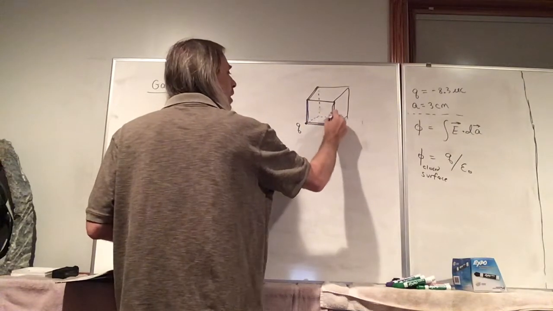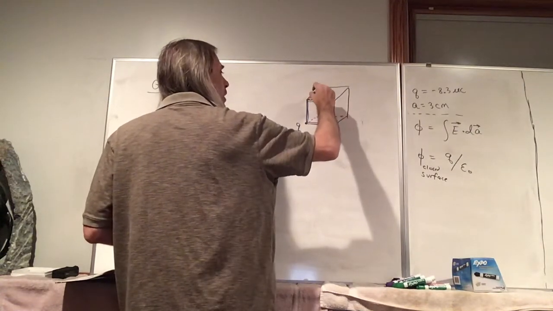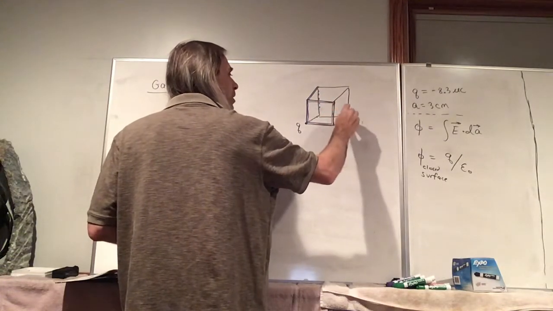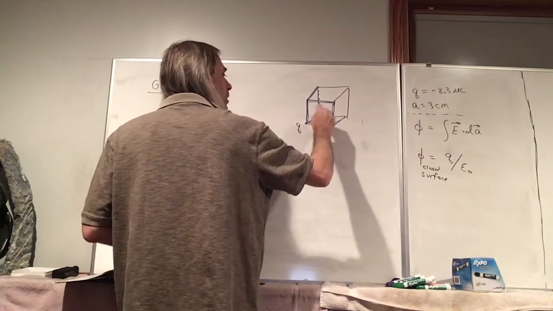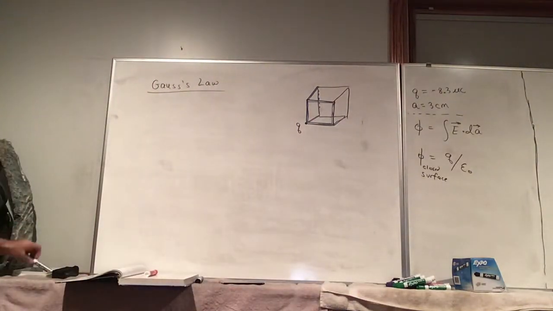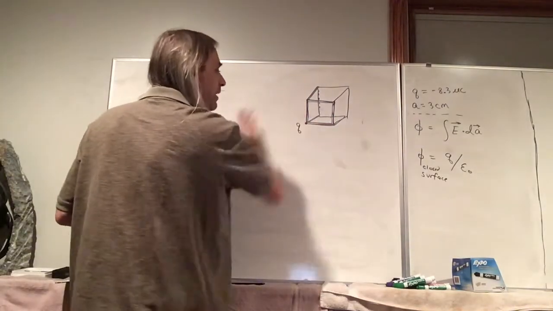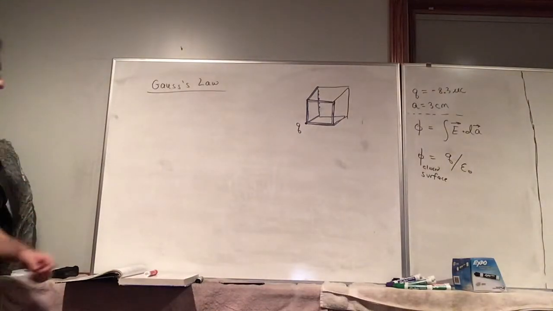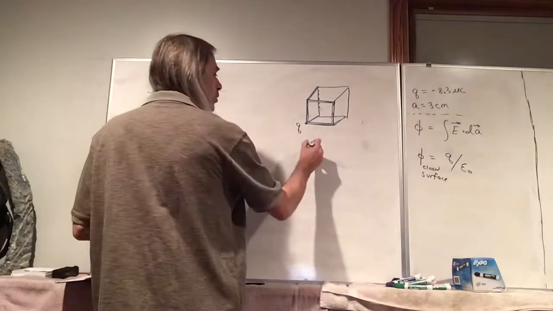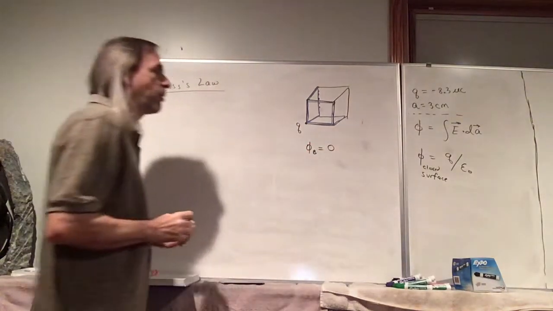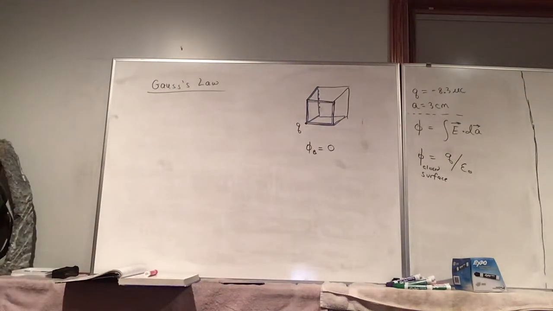This surface here, this one here, and this bottom surface. Hopefully that picture makes some sense. The flux through all these blue surfaces, like this one, the bottom one, and that side one, those are the ones that are touching the charge. The flux through each of those is 0.